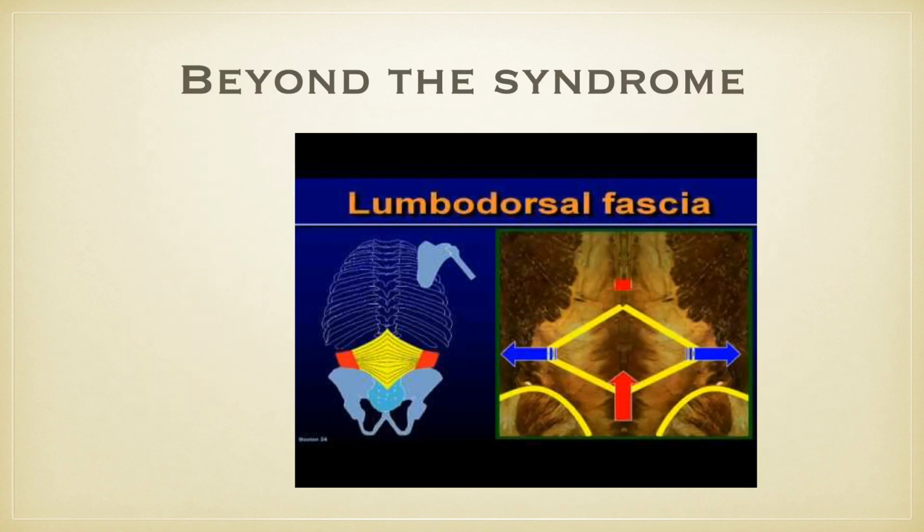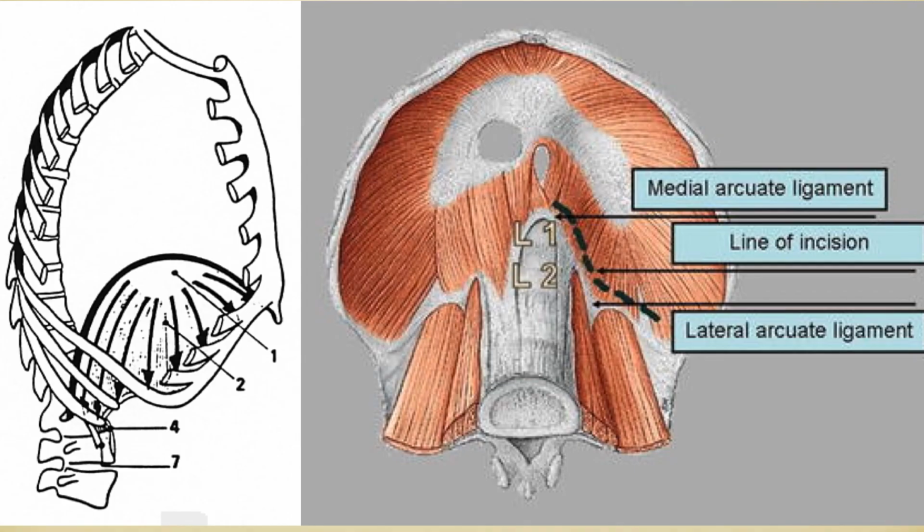So again, moving beyond the TL junction syndrome, other things that we want to consider are the overall function of this area. The lumbodorsal fascia, thoracolumbar fascia, these particular tissues are hugely related in providing stabilization in this area, but also could impair or limit movement as well. It's not just the thoracolumbar fascia and all the tissues that adjoin that, but also the diaphragm.